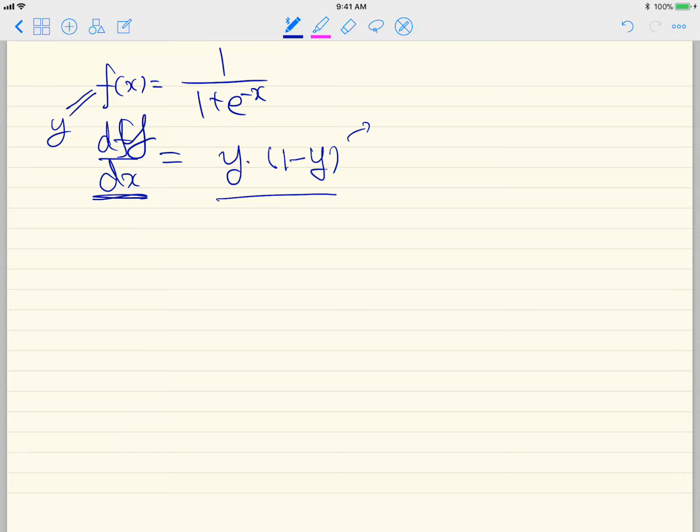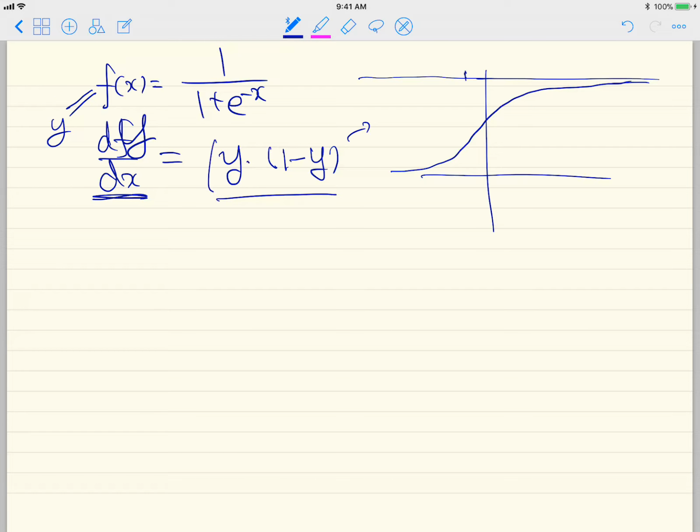Okay, so gradient vanishing. So in this case, what is our sigmoid function? The sigmoid function looks like this, right? So we have a 1 here, right?